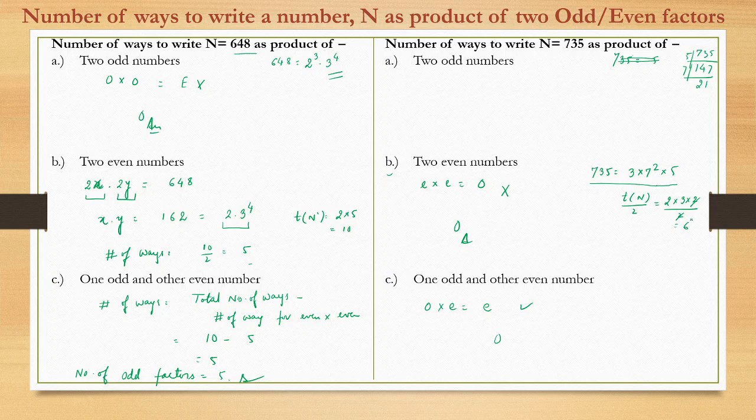So whatever the number of ways we can write 735 as a product of two factors will be the same as the number of ways we can write 735 as a product of two odd numbers. So here the number of ways would be Tn by 2, right? So this is simple. I mean, this becomes 12 by 2, that is 6.